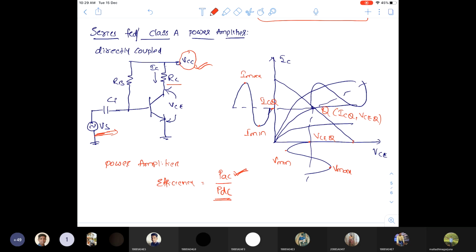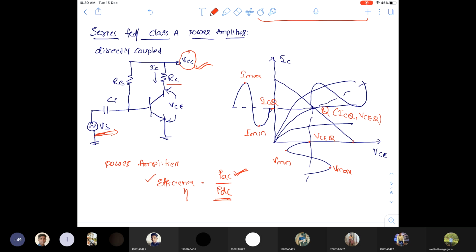So both are opposite. Unfortunately, both are indicated with the eta value only, so don't confuse. If they are saying power efficiency, it is PAC by PDC; if they are saying rectifier efficiency, it is PDC by PAC.